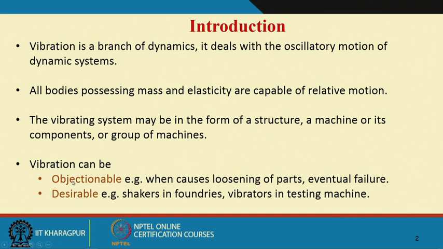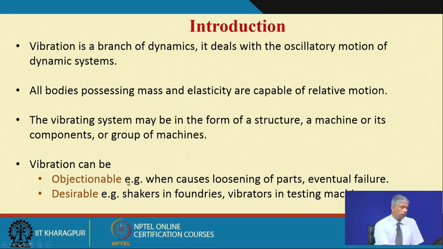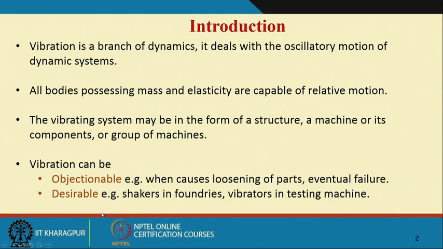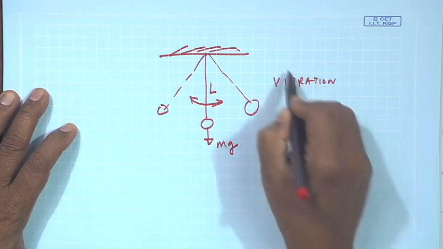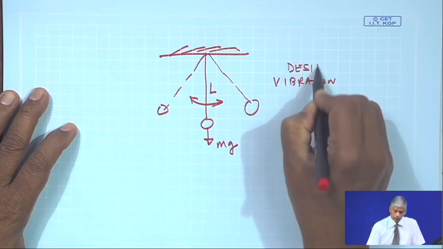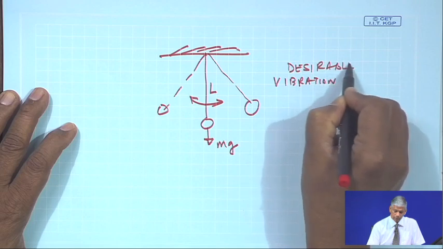But vibrations can be objectionable, that is, it causes failure by fatigue, etc. And sometimes we use vibrations for our help. Vibrations are desirable. What are they? Desirable vibrations. Many practical examples are there.